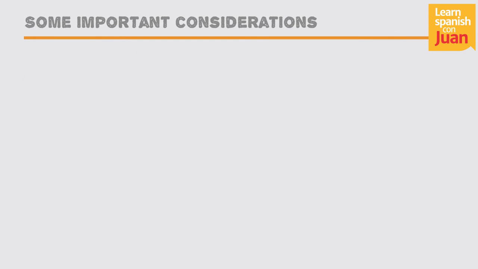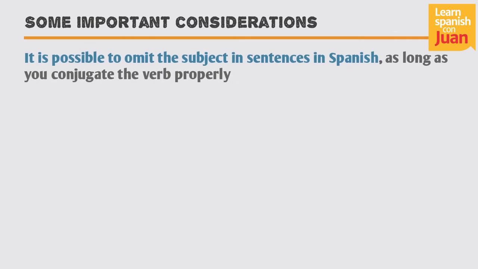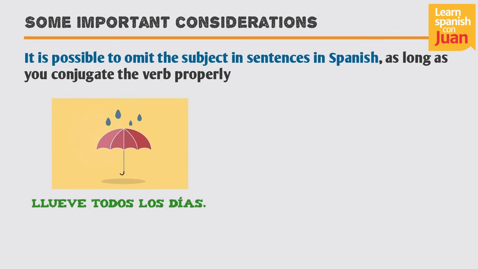Some important considerations. It is possible to omit the subject of sentences in Spanish, as long as you conjugate the verb properly. In this case, the sentences would have something we call sujeto tácito, that is, a subject that we cannot see or that is implicit at the beginning.